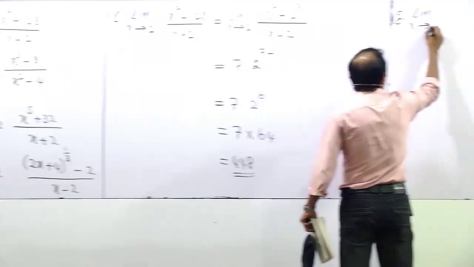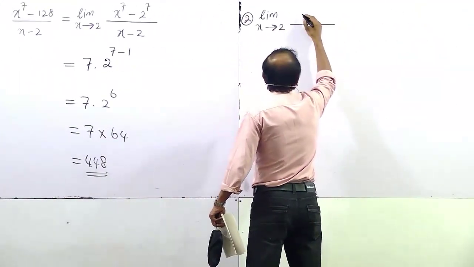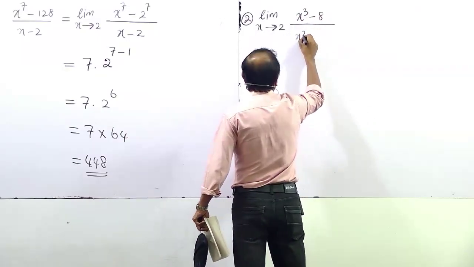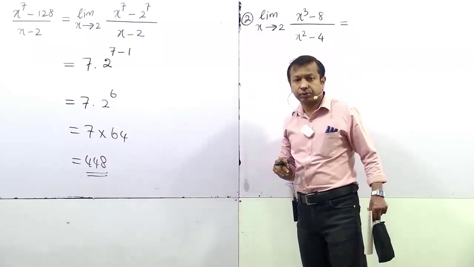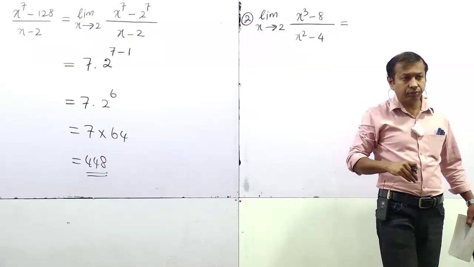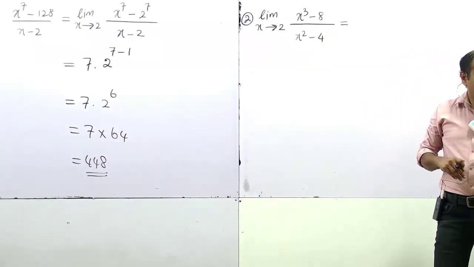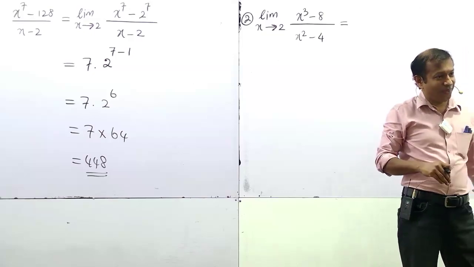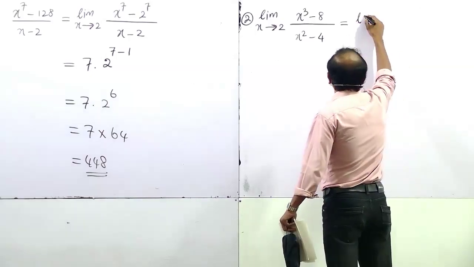Take number 2. Limit x approaches 2 of x cube minus 8 upon x squared minus 4. Right.